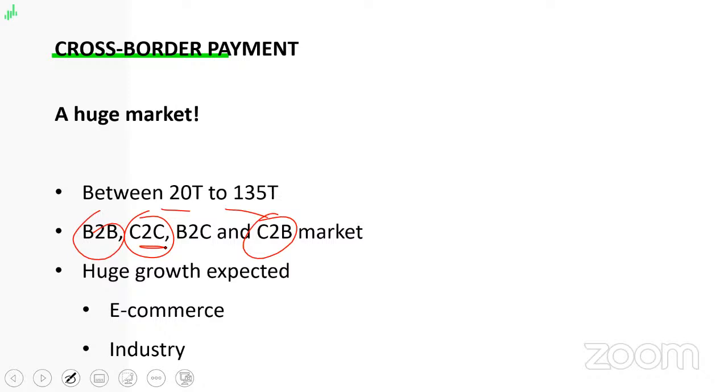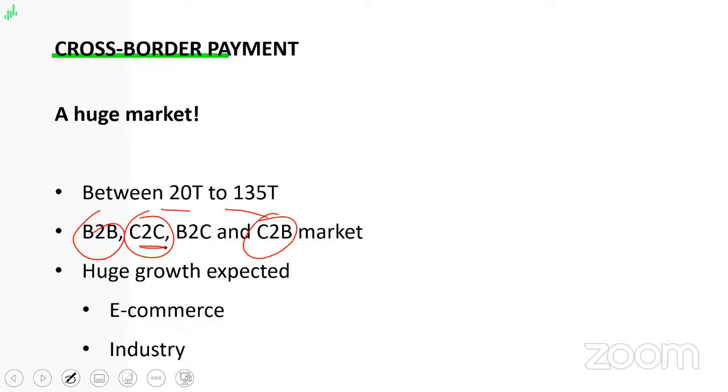And a huge growth is expected because of the growth of e-commerce, and because many industries are doing more and more international payments, so they need more and more cross-border. I'm not saying here that DeFi or Jarvis or whatever can take a big share of this. Let's be realistic. Banks will still dominate this market for the next decade, until maybe one day banks become irrelevant. Why?